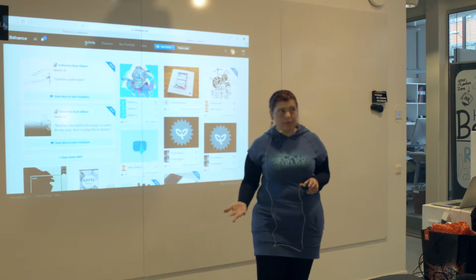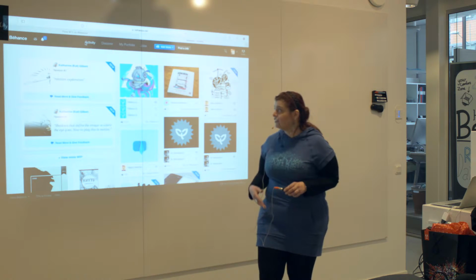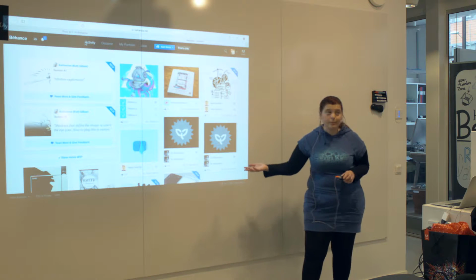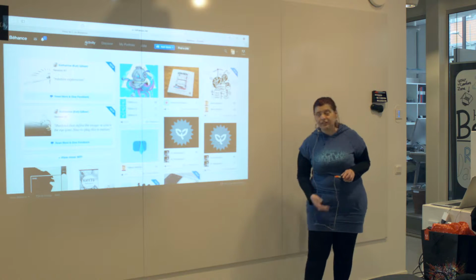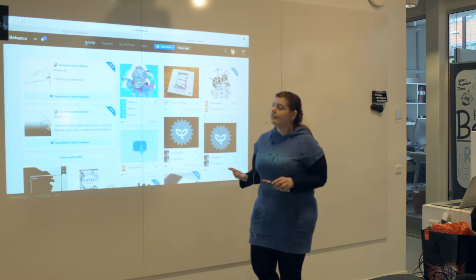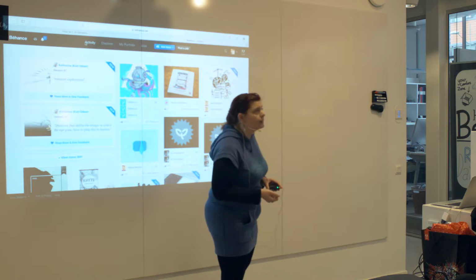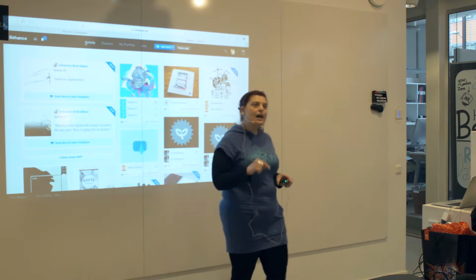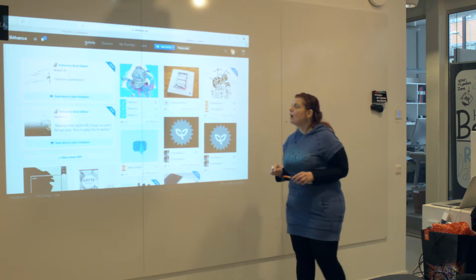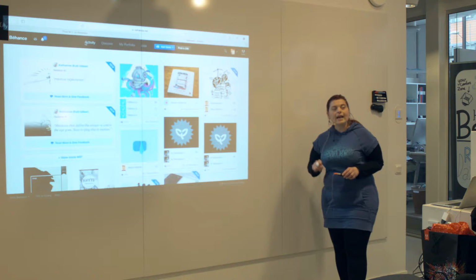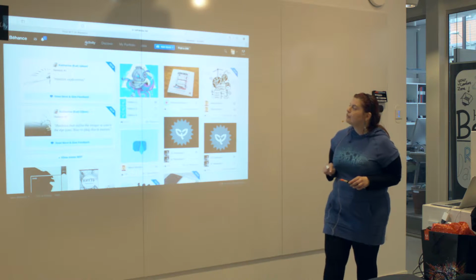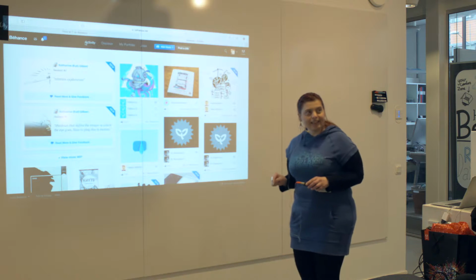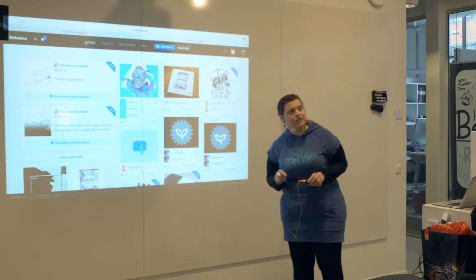When you start following people and you open Behance, the first thing you see is the activity page, which is what I have in front of me. What I see in the activity page is what the people I follow are doing and what the people I follow are liking, commenting, showing.